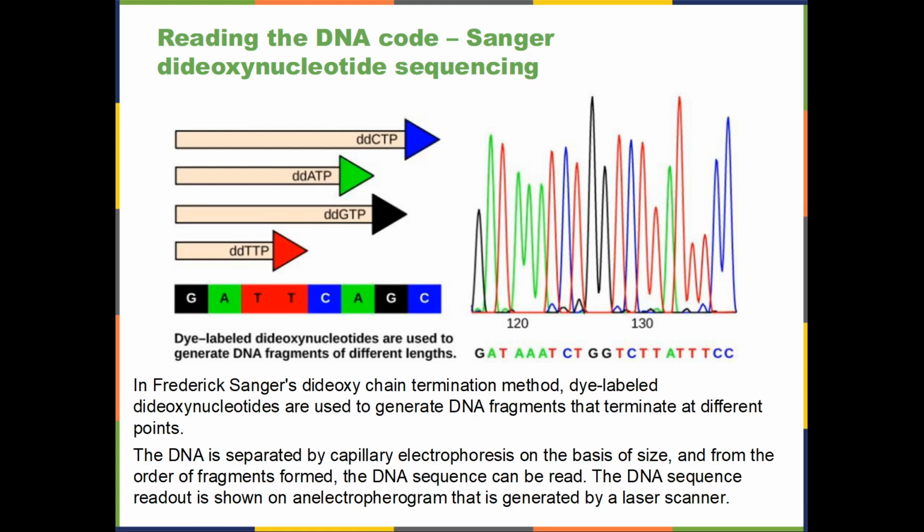It extends 100 base pairs, 50 base pairs, 2,000 base pairs, and we know at those individual places where it stopped that it has a thymine base. And we do that for each one. And we're able to determine the sequence of small strands of DNA using this method. If we want to sequence an entire genome, we've got to do it over and over and over again. It can be very expensive.